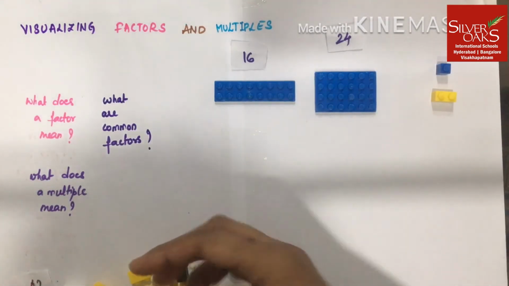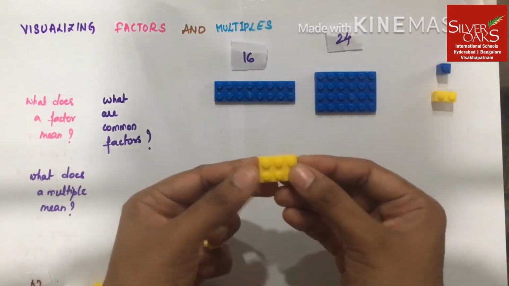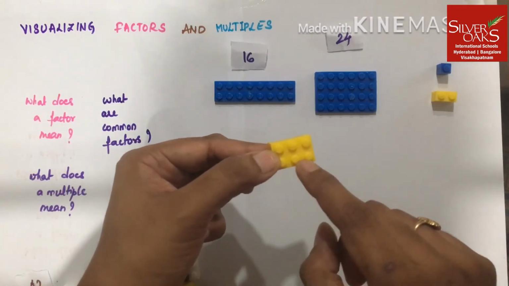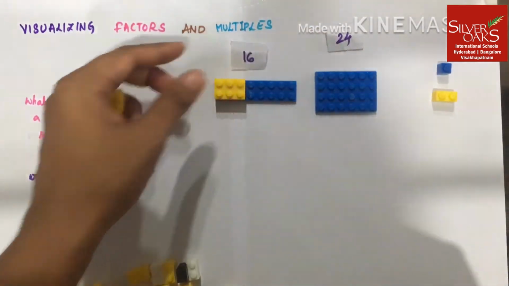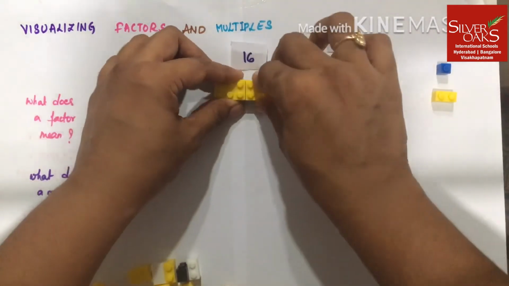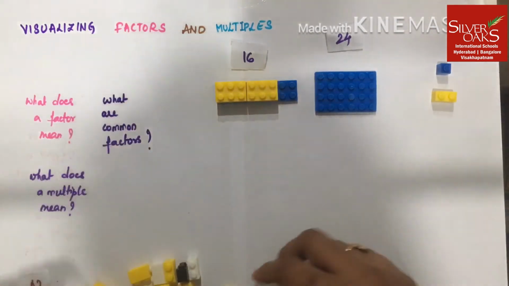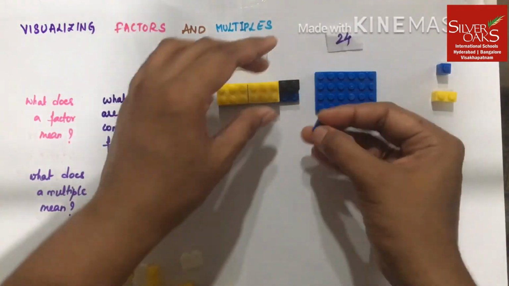Now, let us try with 3s. As said, I am using this as my first 3 and my second 3. So let us start filling it. I've used 2 3s. 4 3s I have used because first, second, third and fourth. One more 3.